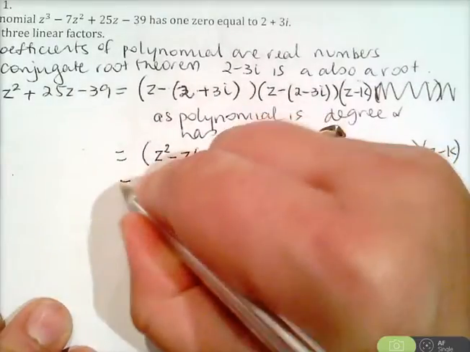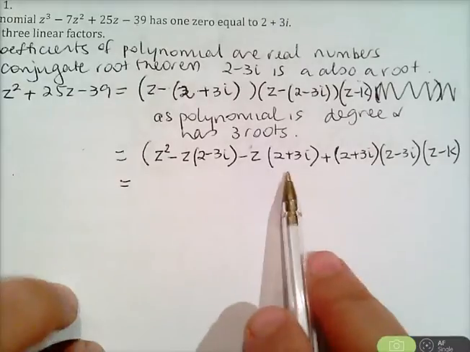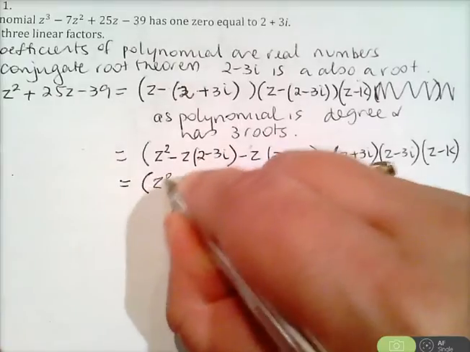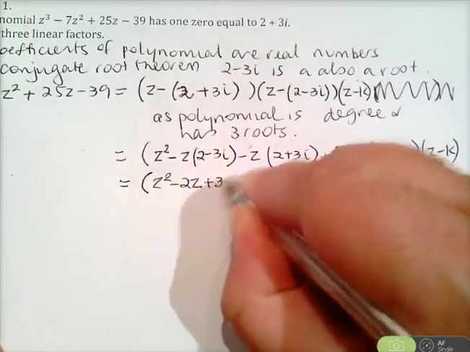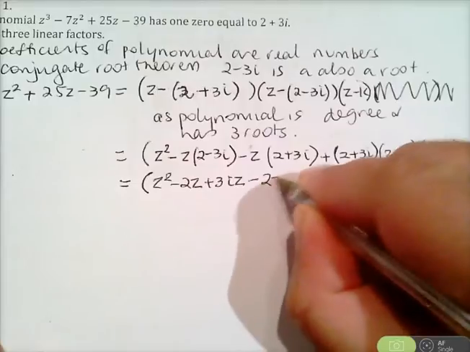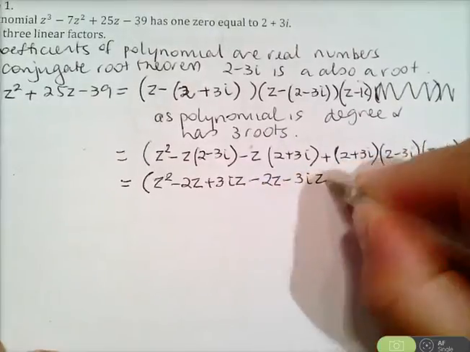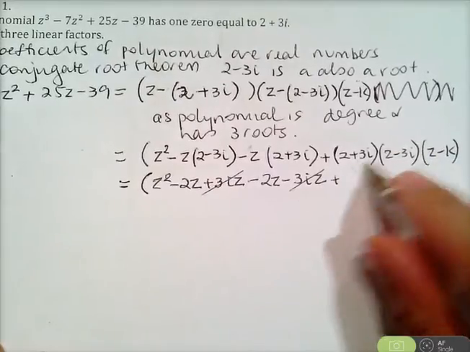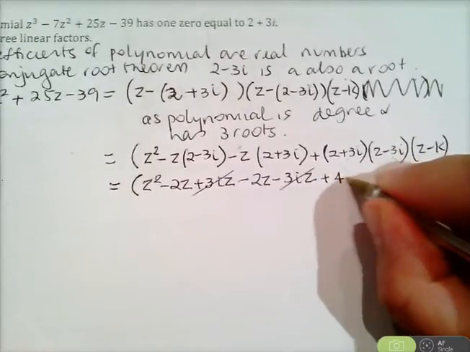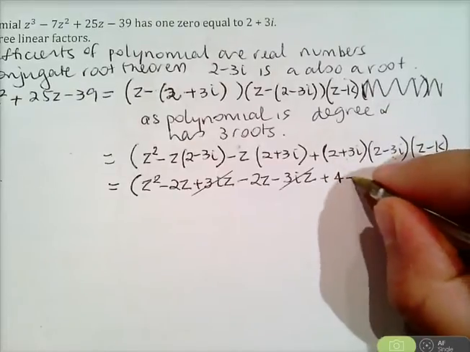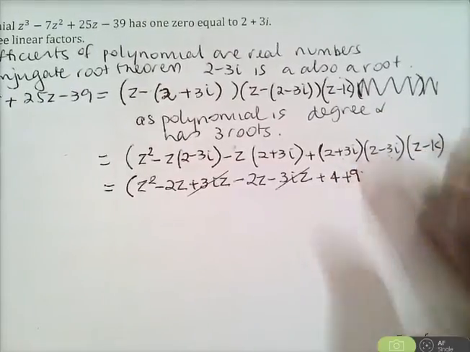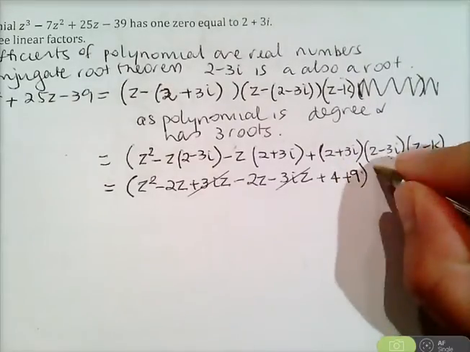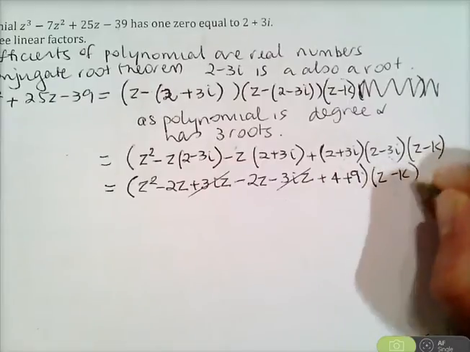Okay, so just collecting some like terms here again. We've got z squared minus 2z plus 3iz minus 2z minus 3iz, so these cancel, plus, this is a difference of 2 squares, so plus 4 minus 9i squared, which is plus 9, so we've got plus 4 plus 9, and also times z minus k over here.